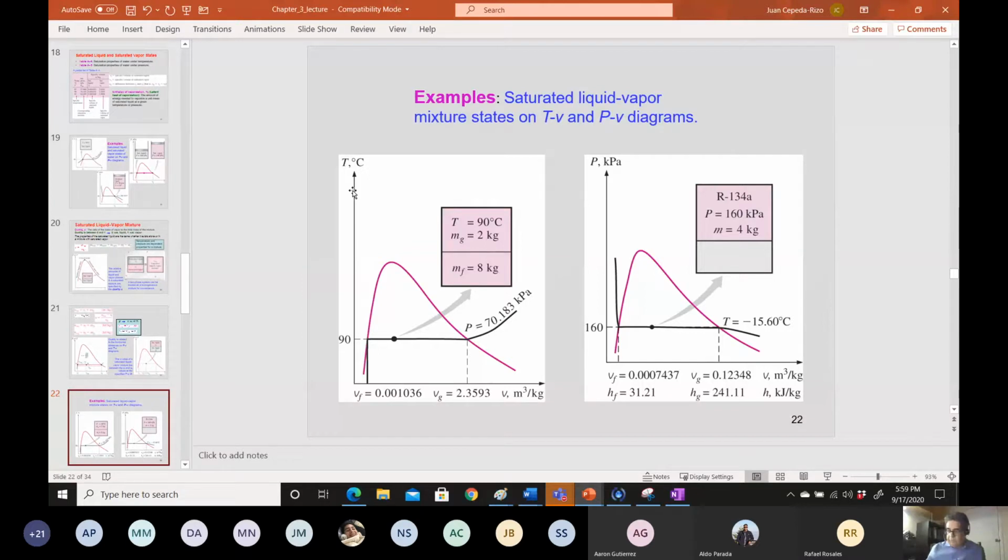It says a rigid tank contains 10 kilograms of water at 90 degrees Celsius. Eight of those 10 kilograms is in liquid form, and the rest is in vapor form. Determine the pressure in the tank and the volume of the tank.